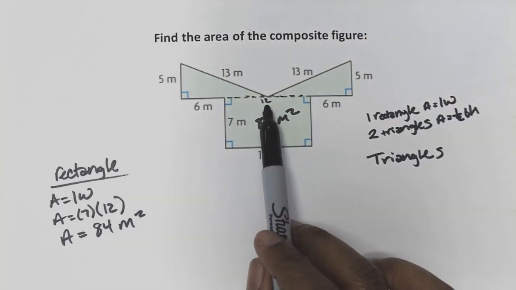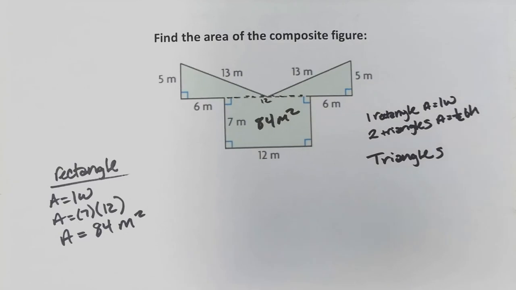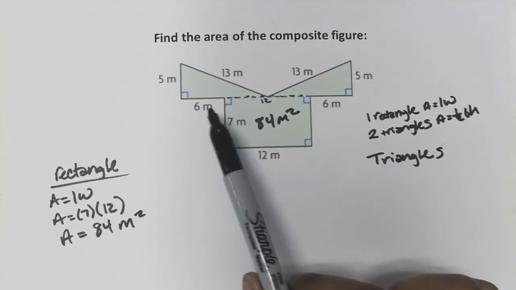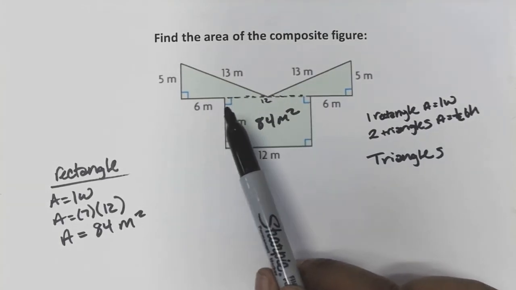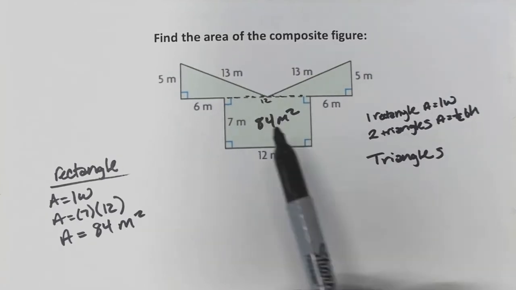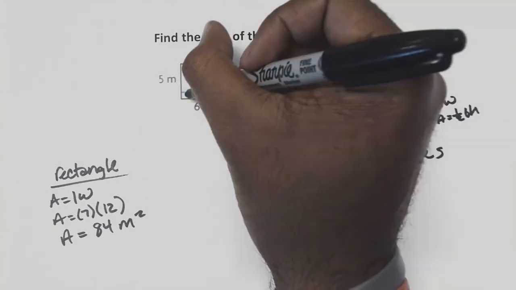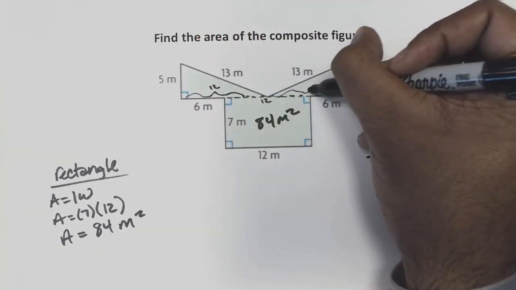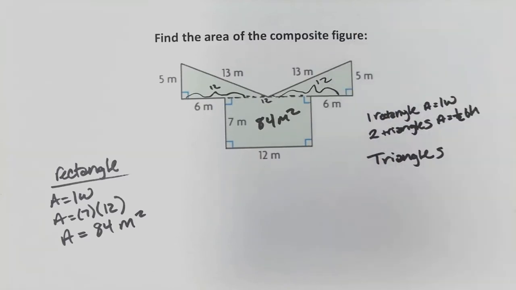So I can do 12 plus what to get me the length of my side for my triangle. So since the dotted line is 12, if I add 6 plus 6, that's going to give me 12. It's going to give me a total line of 24. Since my triangles are the same size, I know that this side of my triangle is 12, and this side of my triangle is also 12.